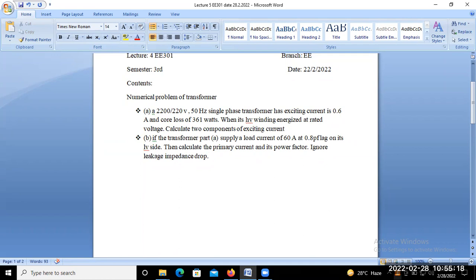So which parameter do we require to find out here? Just anyone explain it.